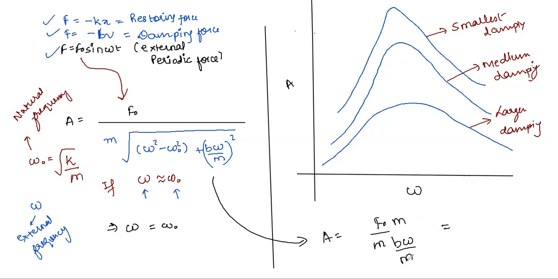This m will get cancelled. We can then write f naught by b omega. This is the value of the amplitude which happens when there is resonance.